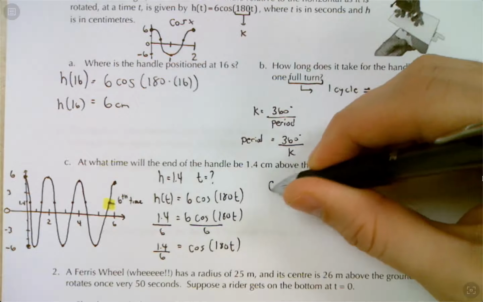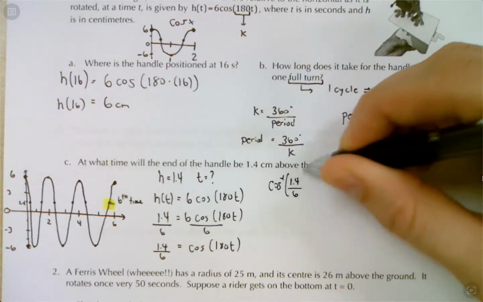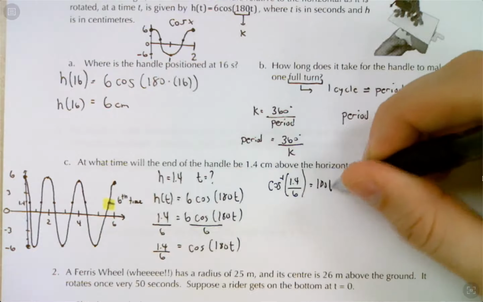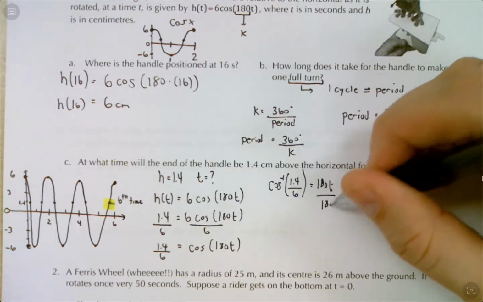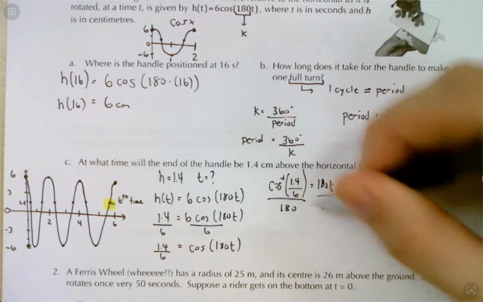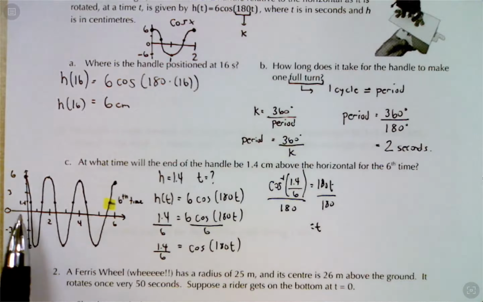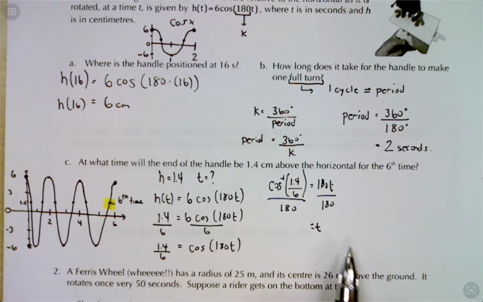So we can do cos inverse of 1.4 over 6, but that's only going to get rid of the cos, and we still have this 180t. So if we want to find the time, we've got to divide by 180. And this is going to give us a related acute time in the sense that 1 full rotation would take place between 0 and 2. So we're going to get some time between 0 and 2, and it will be our related acute time.